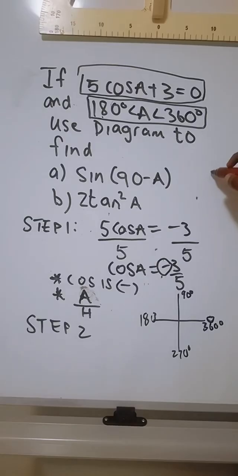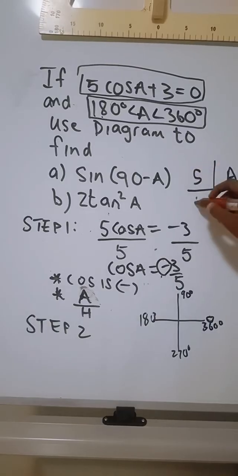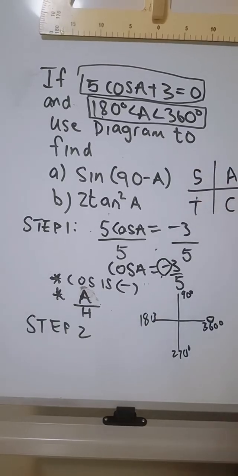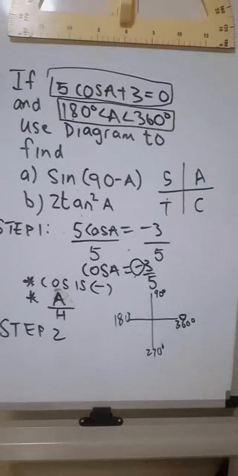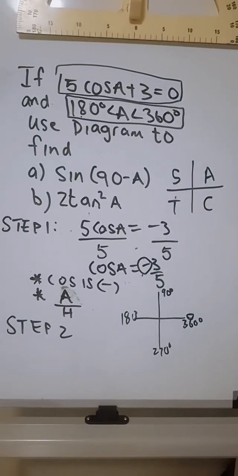To further guide us about that, there is what we call the ASTC rule. This ASTC rule helps us with knowing that here, all our trig ratios, sine, cos, and tan, are all positive.